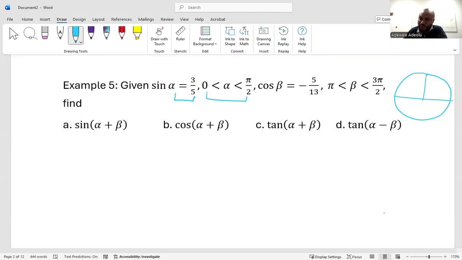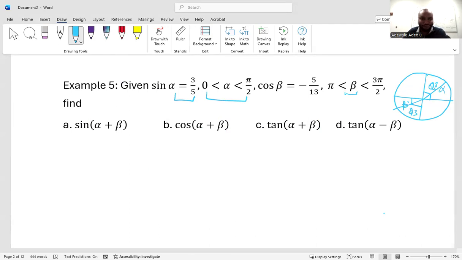You can see that alpha is in the first quadrant, 0 to pi over 2. So we have alpha here in Q1. Then we have angle beta between pi and 3 pi over 2. That is, we have beta in the third quadrant, Q3.